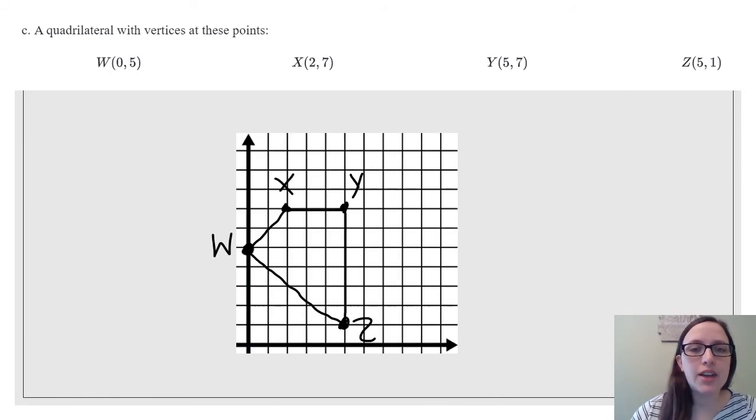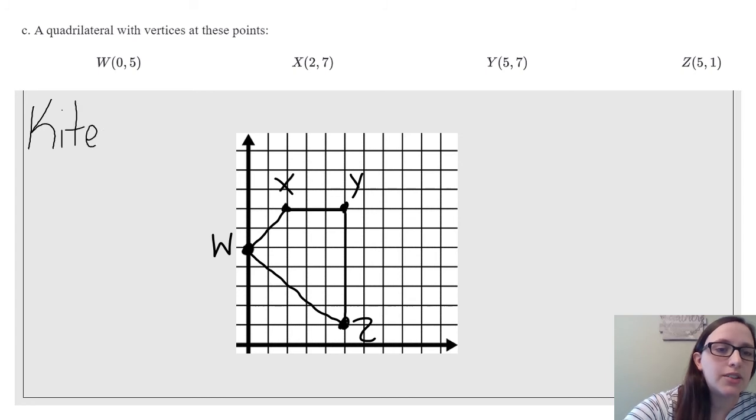All right, in our last shape, I went ahead and graphed W, X, Y, and Z on there, given their points (0, 5), (2, 7), (5, 7), and (5, 1). And so it kind of looks like it could be a kite.